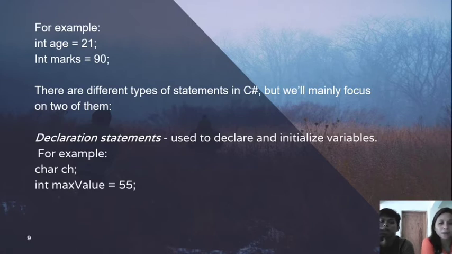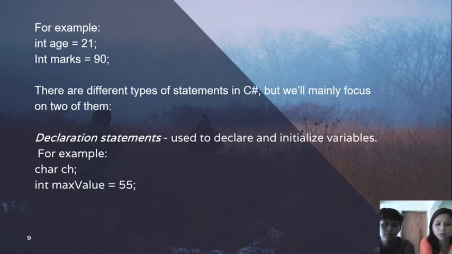So, there are different types of statements in C#, but we will focus on two, declaration statements and expression statements. Declaration statements are used to declare and initialize variables. For example, char ch and int max value equals 55. Both char ch and int max value equals 55 are declaration statements.